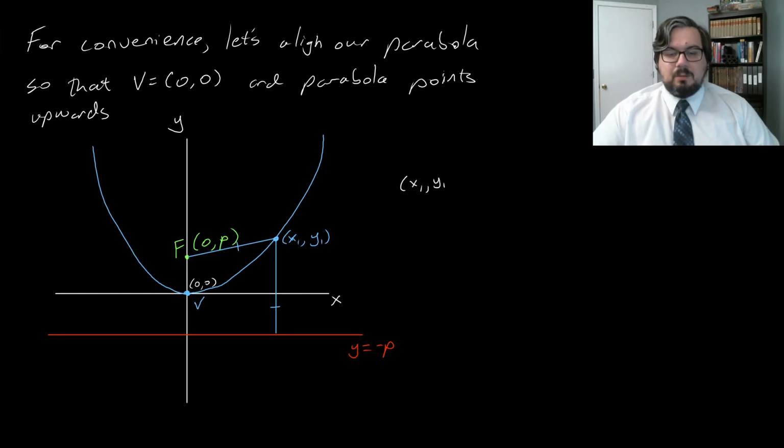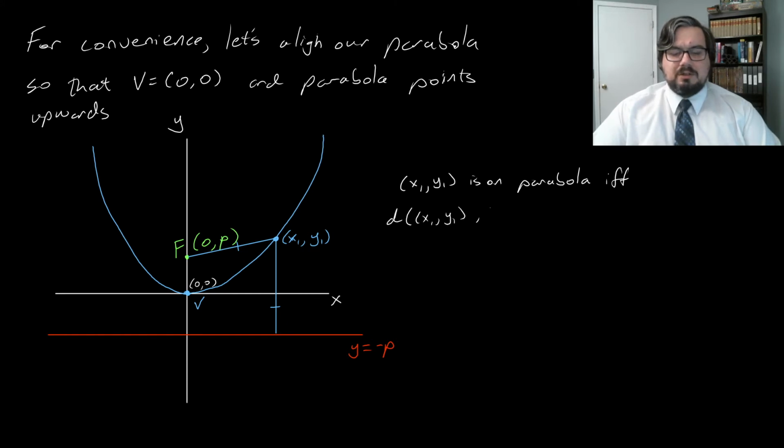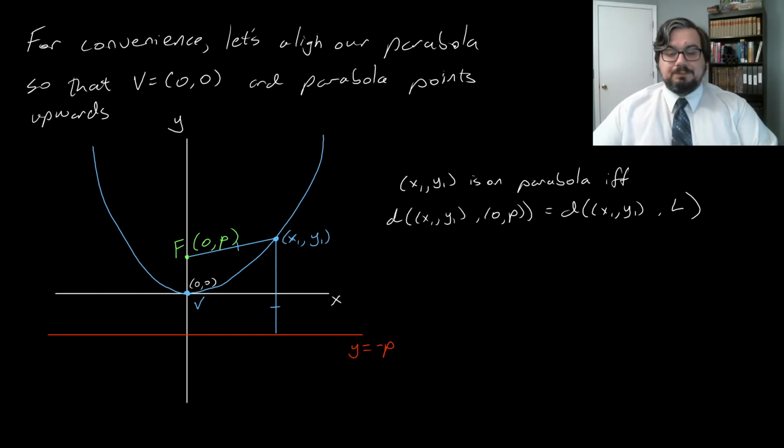So x1, y1 is on the parabola, where we're defining the parabola in terms of the geometry, as on the last slide, if and only if the distance from x1, y1 to the focus 0, p is equal to the distance from the point x1, y1 to the line L. Now we can be more specific here because we actually know what the closest point is to x1, y1.